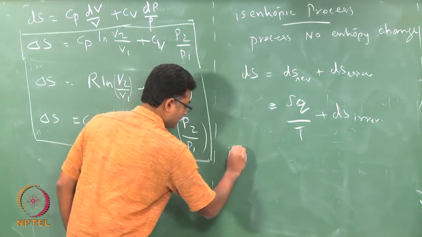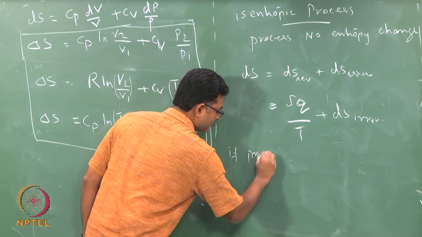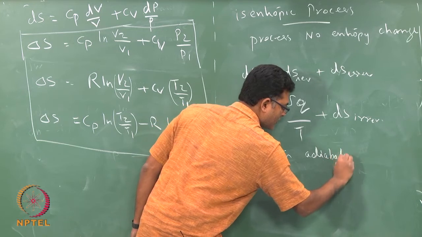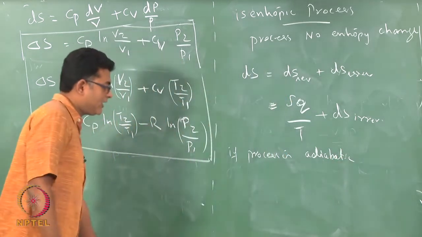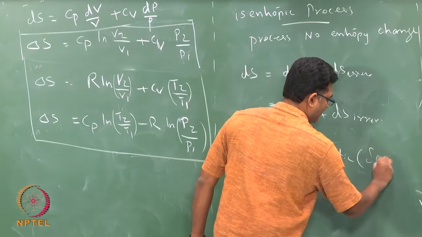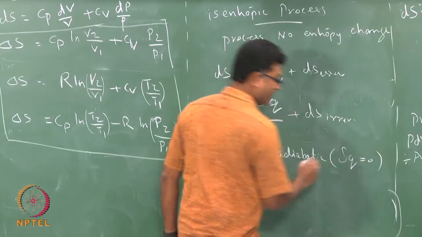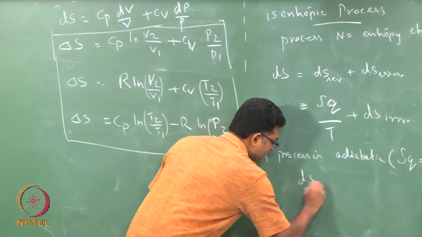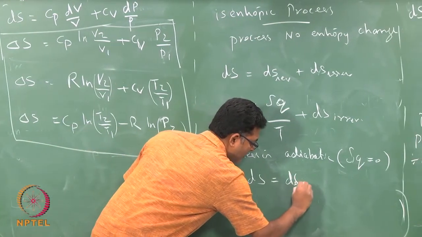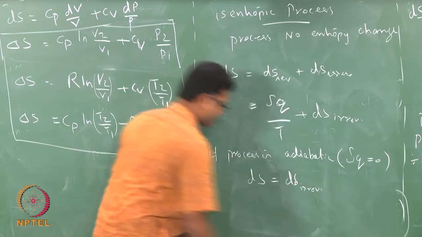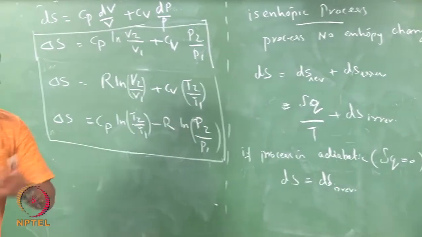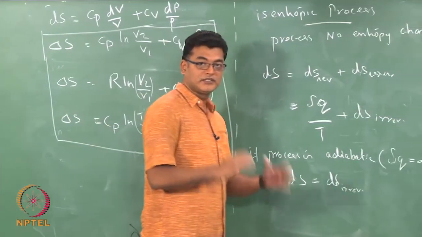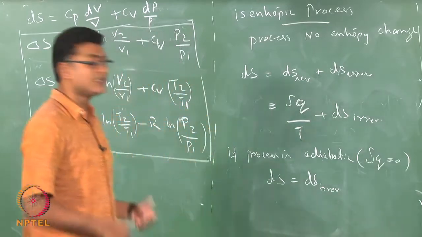If the process is adiabatic, your delta Q is 0. There is no heat transfer. If that is 0, then your entropy change is essentially all irreversible entropy change. So all irreversible entropy change associated with an adiabatic process is the total entropy change of the system, because there is no heat addition to it.